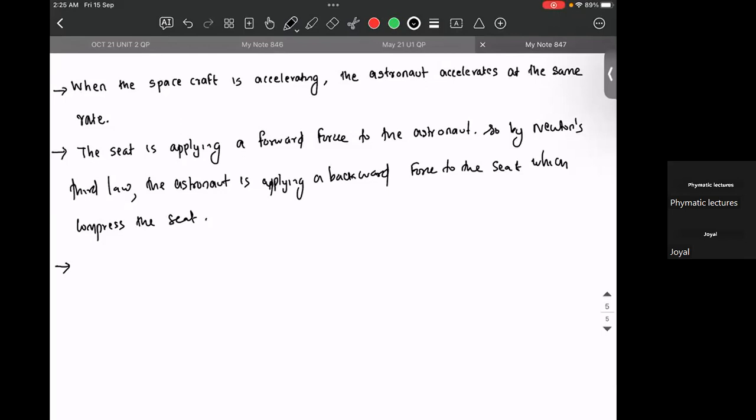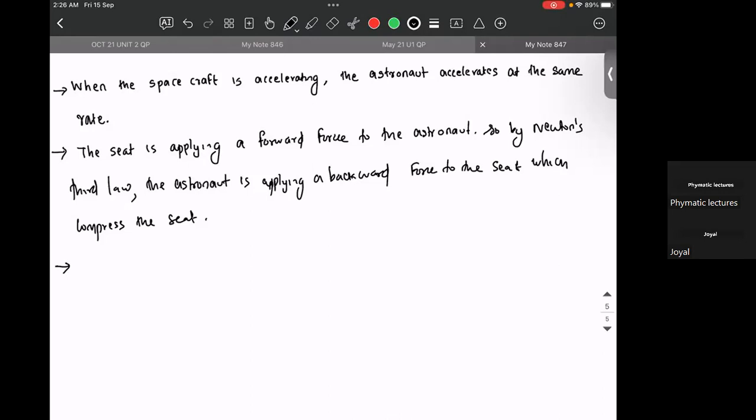Because the fuel kept for ignition is completely used. In other words, as the fuel is used up, the mass of the spacecraft decreases.